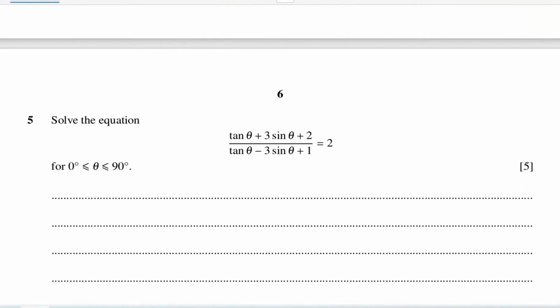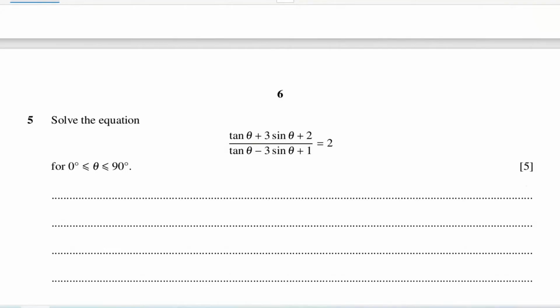Next, question number 5. Solve the equation tan theta plus 3 sin theta plus 2 divided by tan theta minus 3 sin theta plus 2 equal to 0 for theta between 0 and 90 degree.